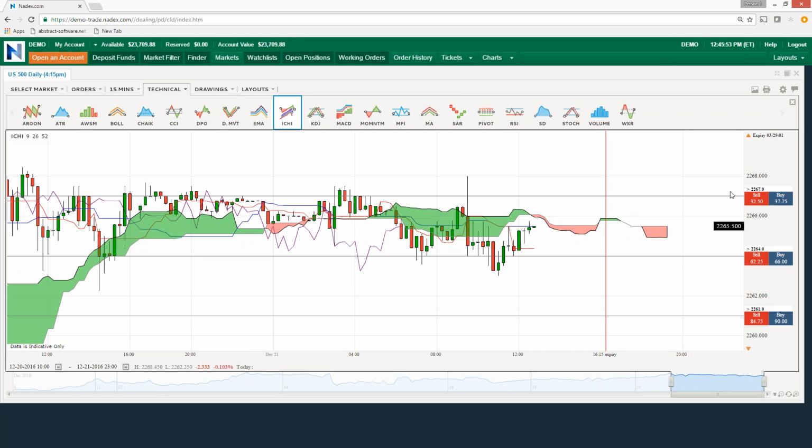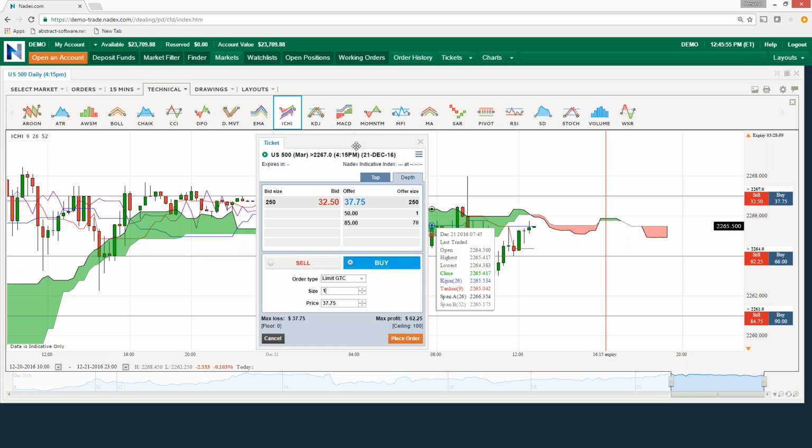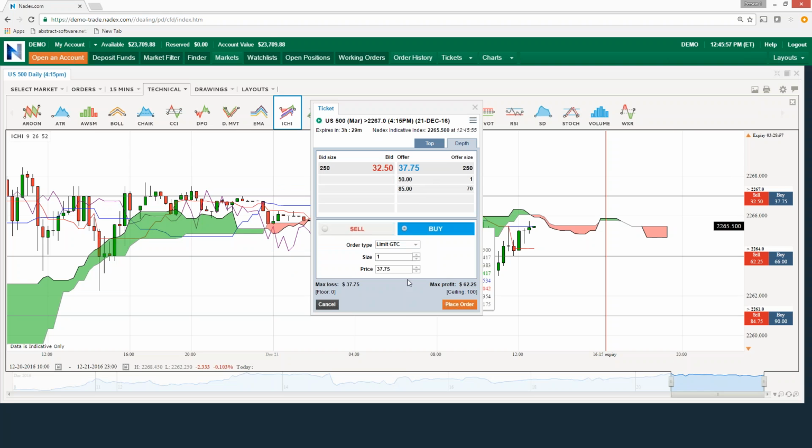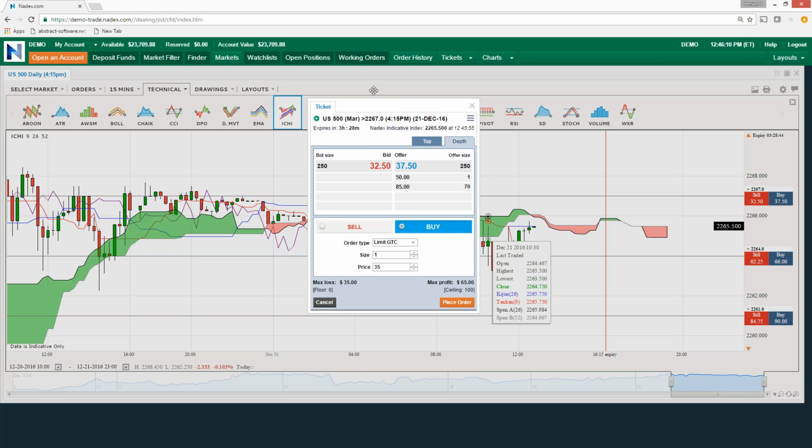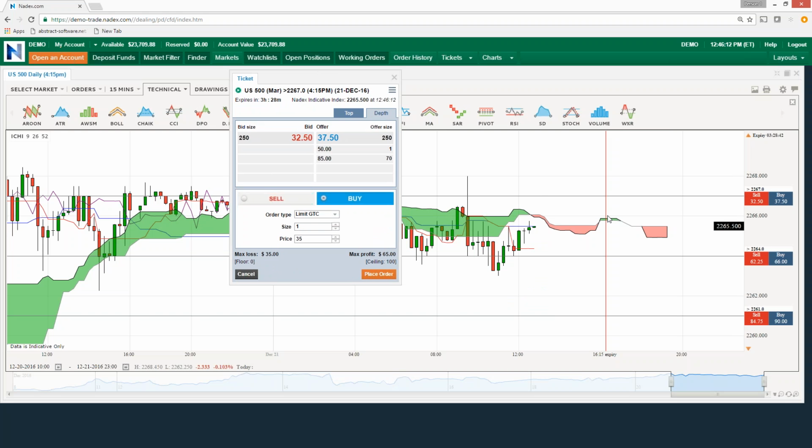So if we break the cloud to the upside, this binary option contract might be something that looks interesting to me. If I bid 35 for this on a one lot, I would be risking 35 to make 65 by the end of the day. It's a pretty good reward to risk ratio. If I wanted to replicate that in the futures, I would be buying the futures at the level they would be at above the cloud with a stop somewhere below the cloud.